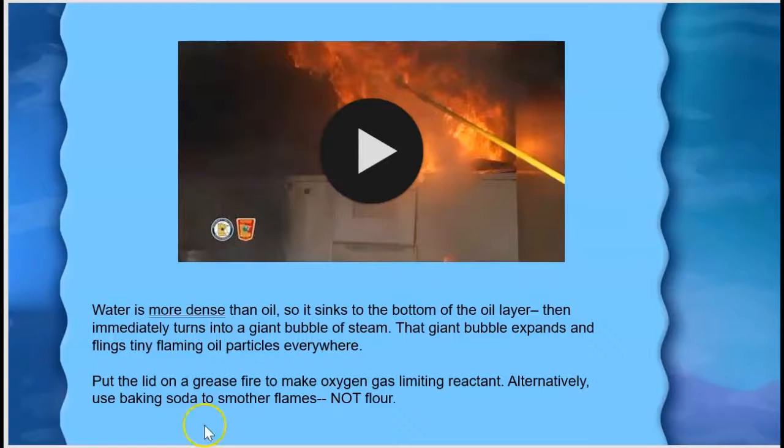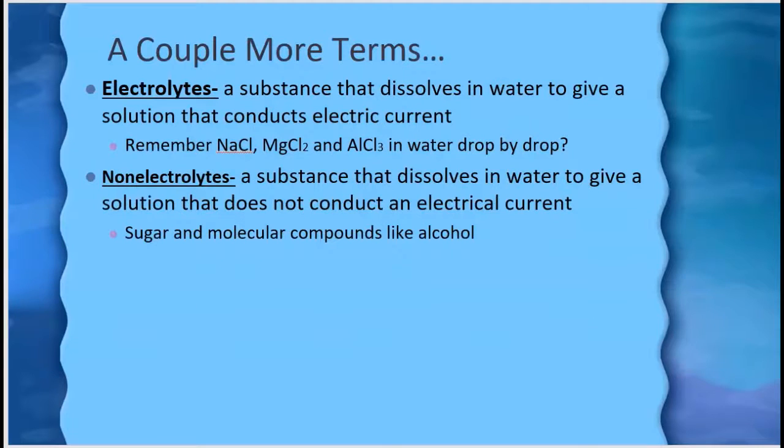So a couple of other terms that you'll see, electrolytes versus non-electrolytes. If you think about Gatorade, they talk about balancing your electrolytes when you are running or sweating. All an electrolyte is a substance which dissolves in water, and that solution conducts an electric current.